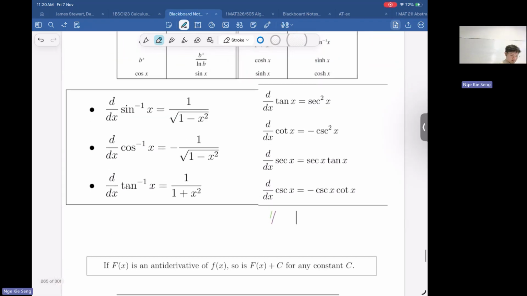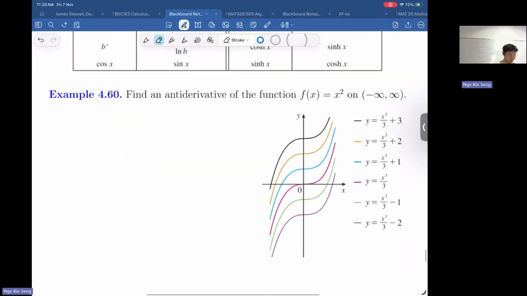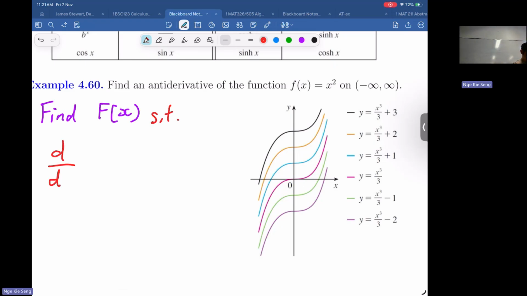All right, so let's look at some examples. Let's find the antiderivative of this f here, x squared. Meaning you want to find capital F of x such that the derivative of this antiderivative is equal to little f of x. So our little f of x is x squared.